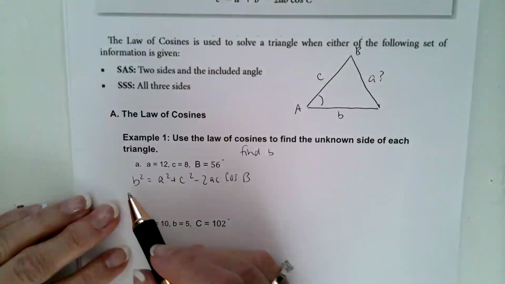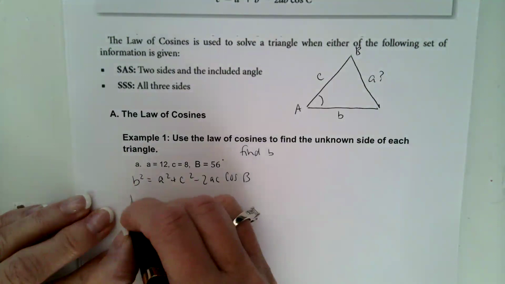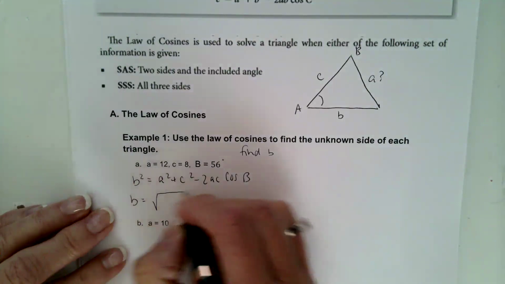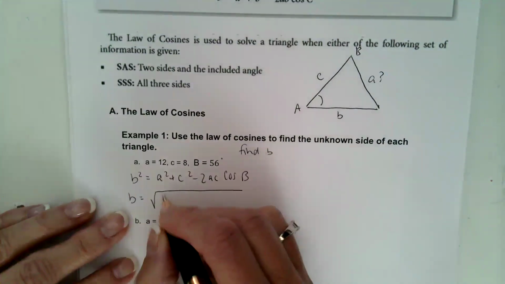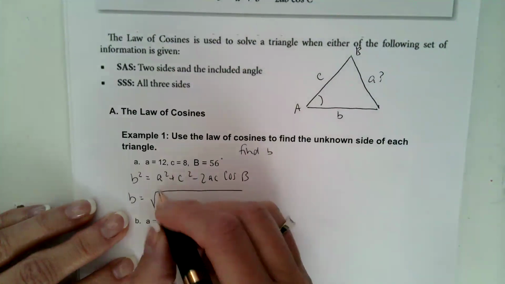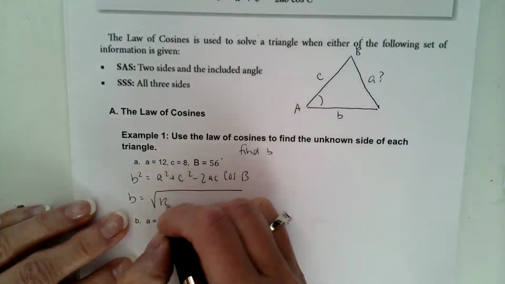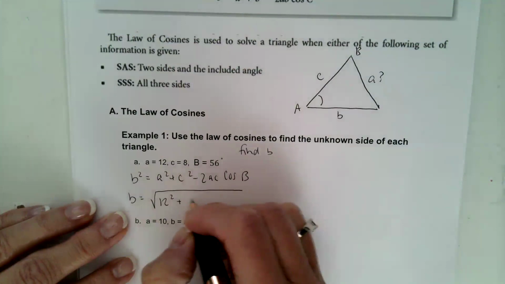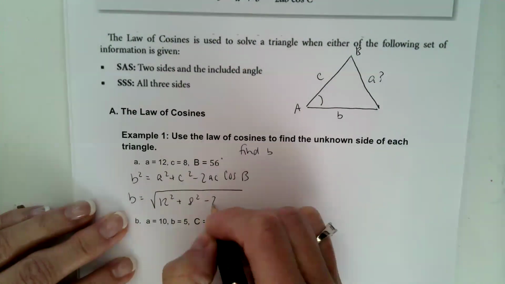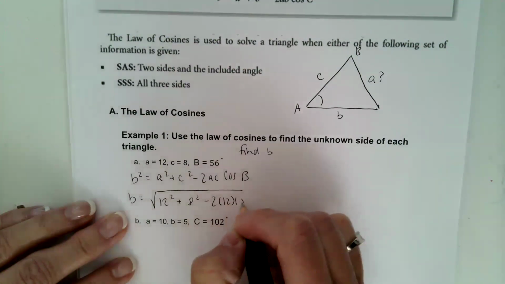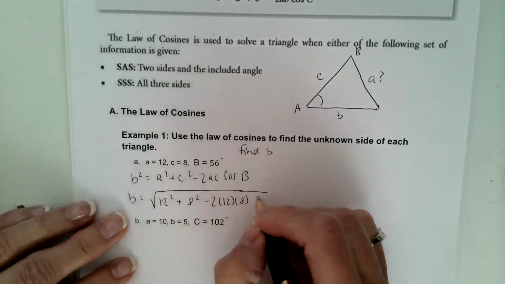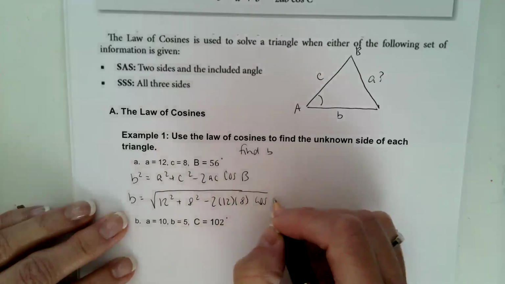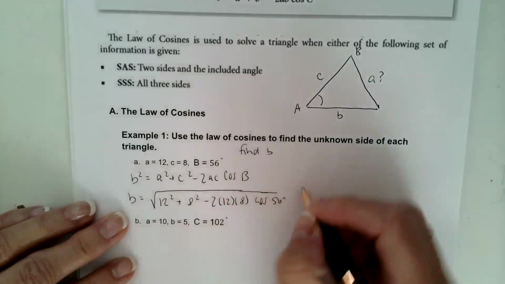And so we know that B will equal the square root of that. So the square root of 12 squared plus 8 squared minus 2 times 12 times 8 times the cosine of 56.